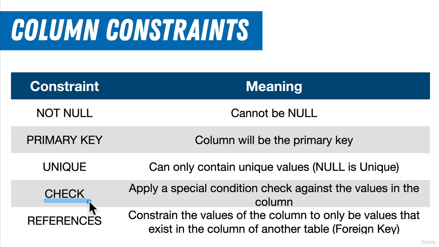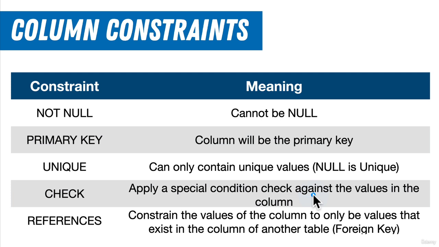Then we get into some interesting territory. Because these we've seen throughout the course. We've seen unique, we've seen not null, we've seen primary key. We know all about them. But what is this one? Well, this one is check. So what is it going to check? Well, we're applying a special condition to check against. Here's a custom check.